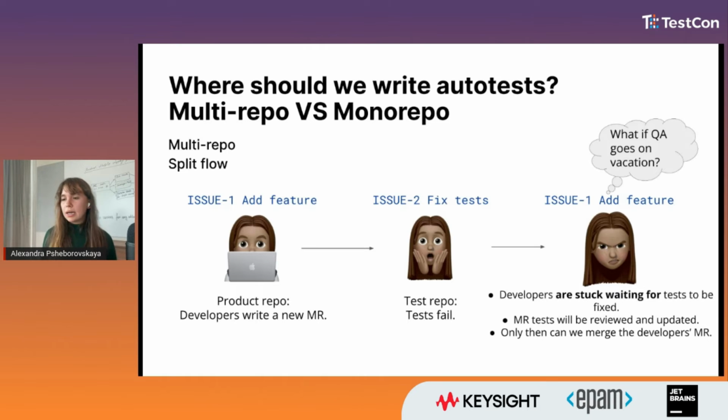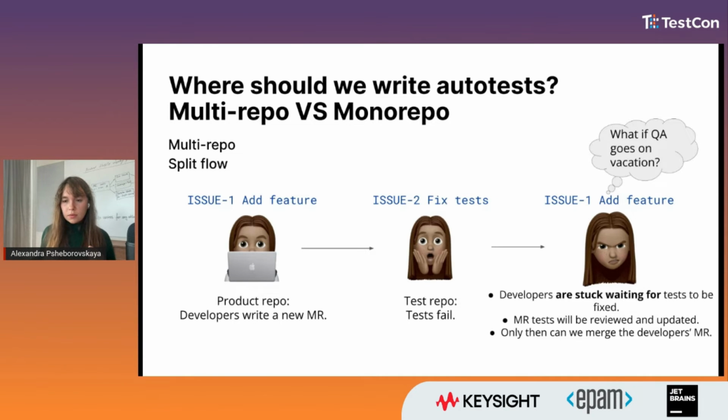Most likely the merge request triggers a test run in our test repository to check the new changes. And in the event of test failure, regardless of the reason, we will need to wait for a fix, which will require a full review process in the test repository. So we actually waste time and create a bus factor due to the product code and test code changing in different flows and repositories.